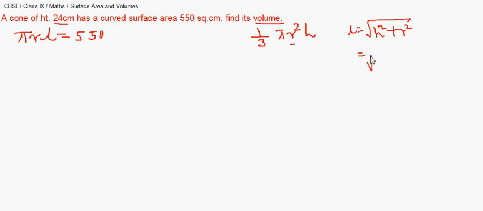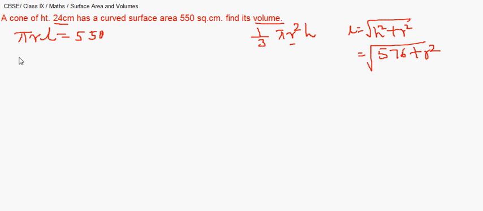So let it be r, and h square, that is 24 square, is 576, sorry, plus r square. So L should be left as that expression.